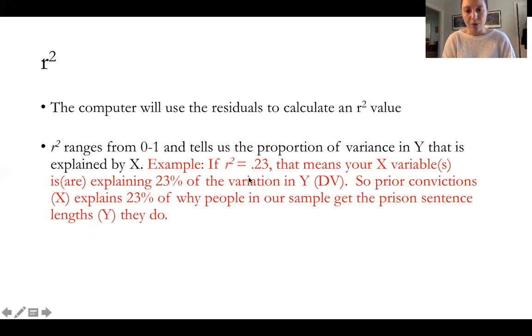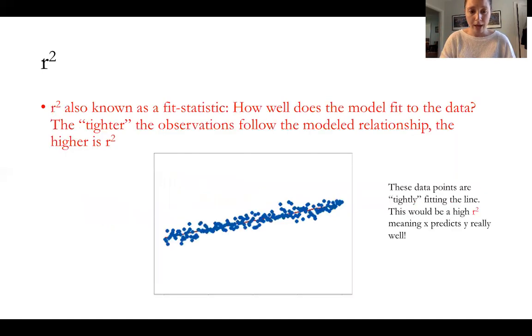So for example, if the R-squared value came out as 0.23, that means that our independent variable is explaining about 23% of that variation in people's time that they spend in jail. So in our example, prior convictions explain 23% of why people in our sample get the prison sentence length that they do, okay?